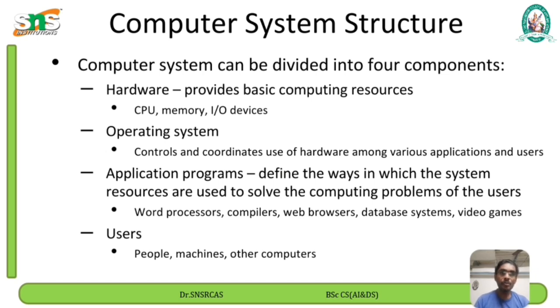It controls and coordinates the use of hardware among the various application programs which are installed inside the computer. Application programs may be user applications. Through application programs, users are doing multiple tasks and running multiple programs. Finally, the user may sometimes be a machine, sometimes people, and sometimes other hardware components.